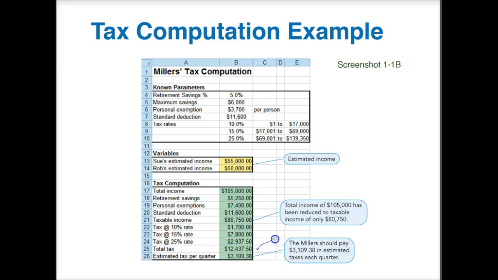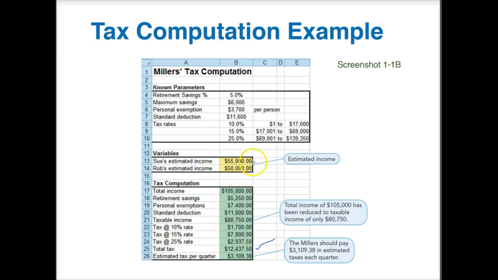And we see that their total tax for the year is $12,437.50. And since they have to pay taxes quarterly, they need to divide that figure by 4, and that's how they get the $3,109.38. Okay. Now, of course, if we change these numbers, then some of this would actually change.